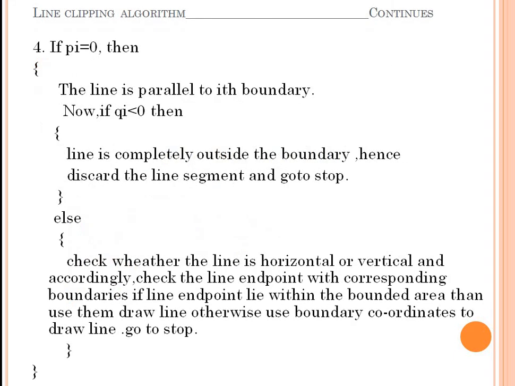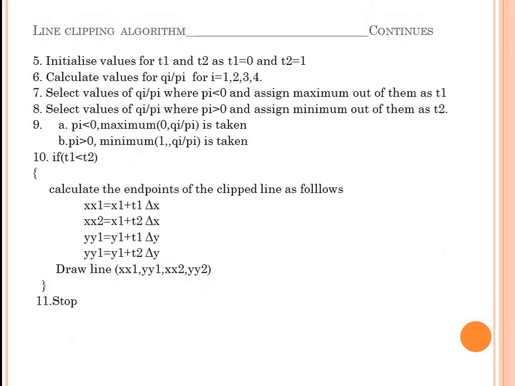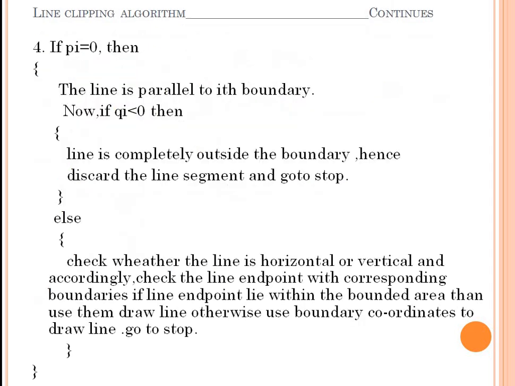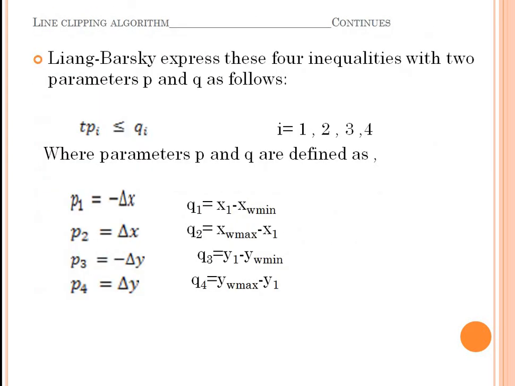Then we check the conditions: if pi is equal to 0, the line is parallel to the ith boundary, and if qi is less than 0, the line is completely outside the boundary. Then we calculate the t1 and t2 values. The t values are between 0 and 1.